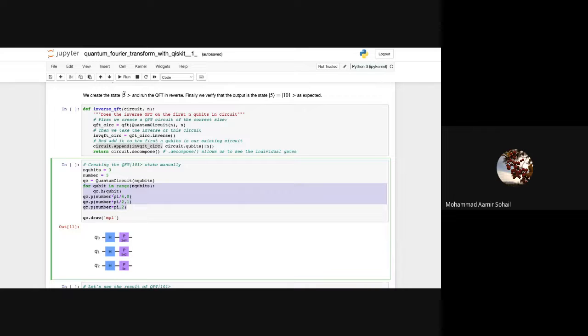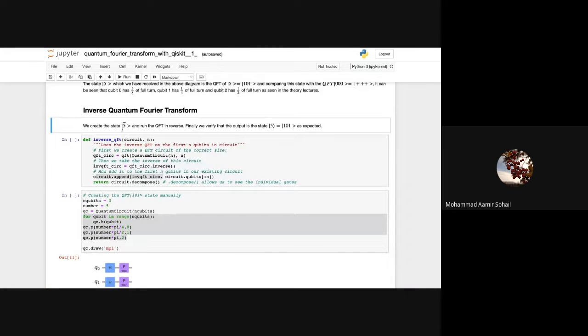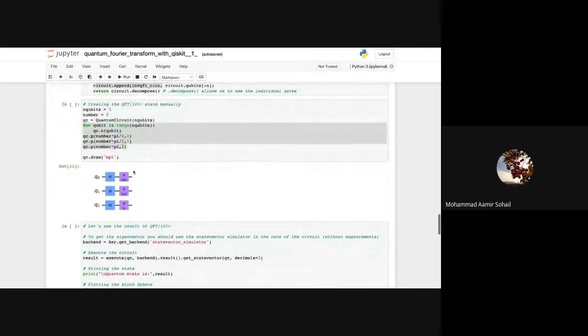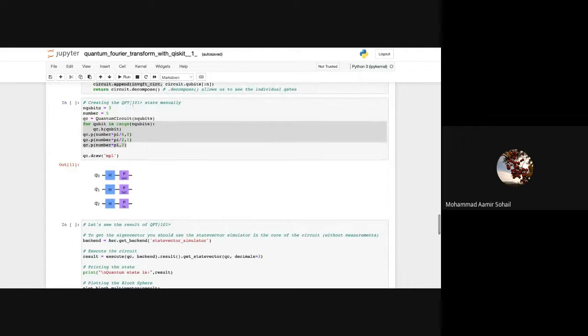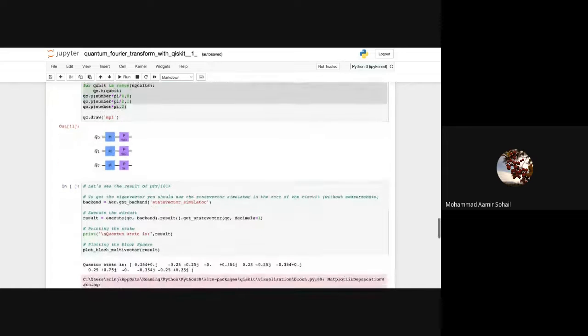And why we are doing this is to see that the inverse quantum circuit works on 5 tilde and it will give you 5. So we applied this circuit here, the Hadamard and all these things. So this is just encoding the 101 into the quantum Fourier transform version of that.